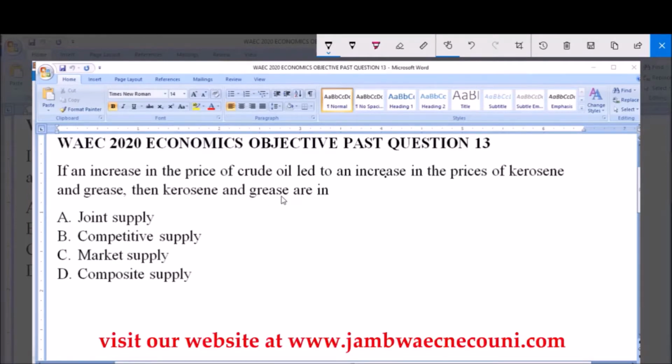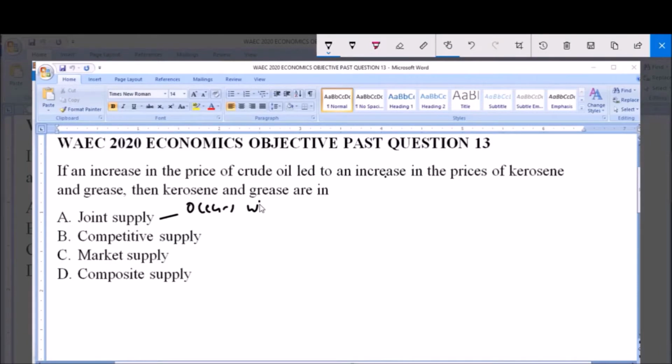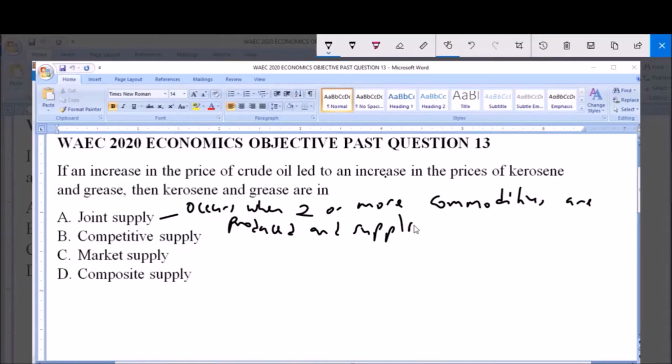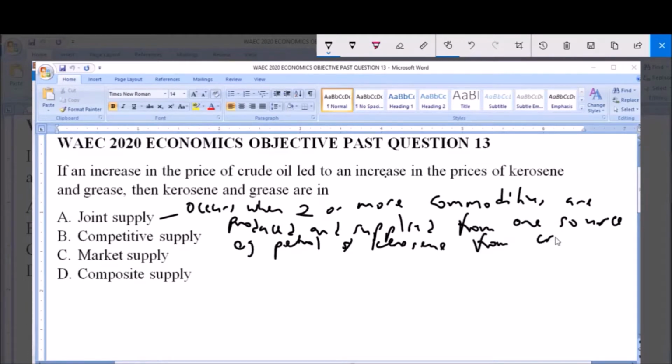Now option A, which is joint supply, occurs when two or more commodities are produced and supplied from one source or raw material. So for example, you have petrol and kerosene from crude oil.